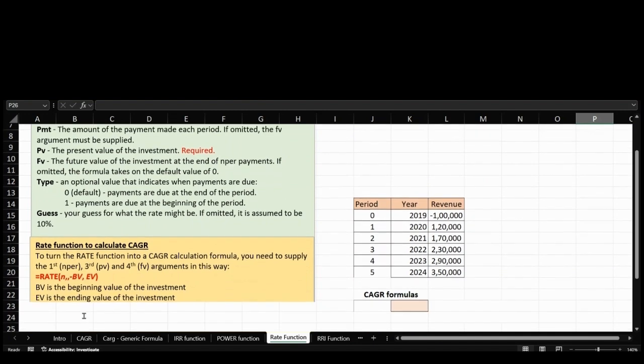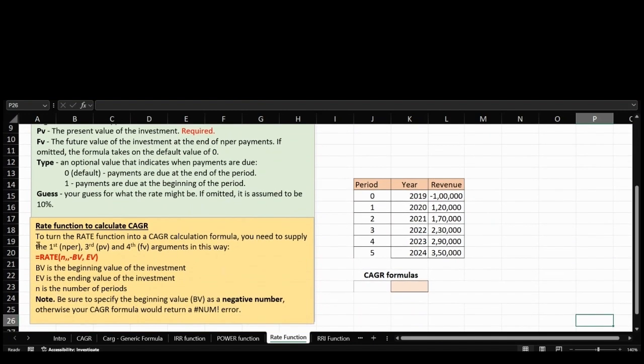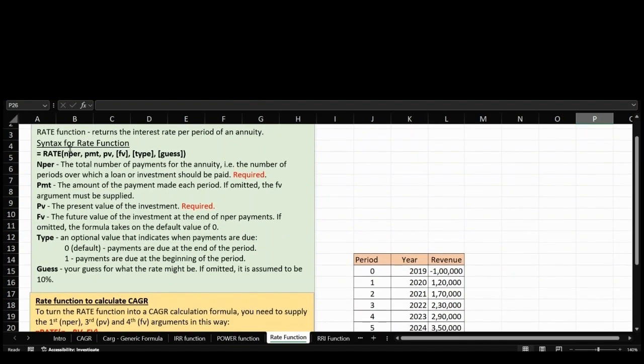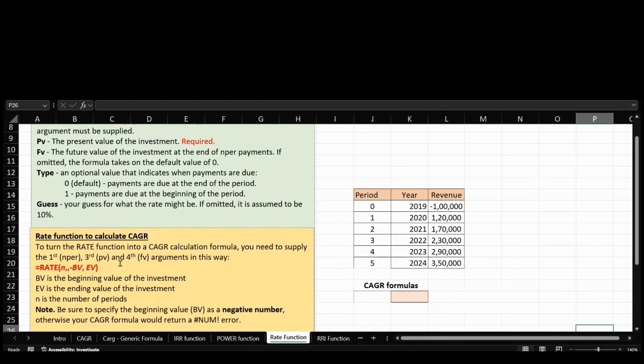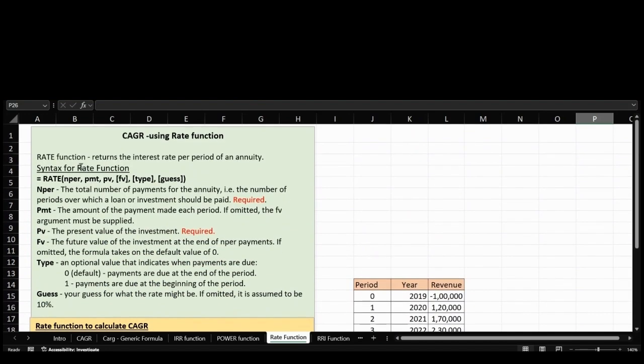Now, how to use the rate function to calculate CAGR, that we have to see. To turn the rate function into a CAGR calculation formula, we have to make the first term, NPR, into N. Next term given is PMT.